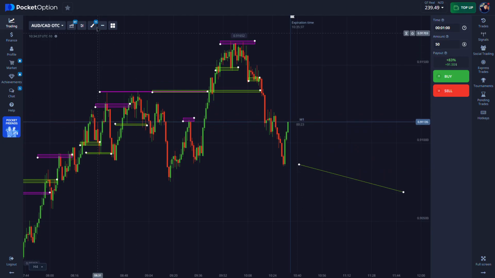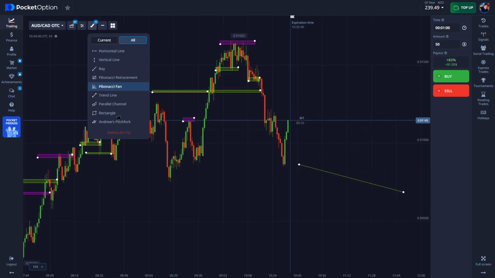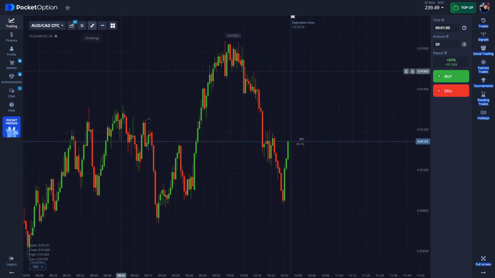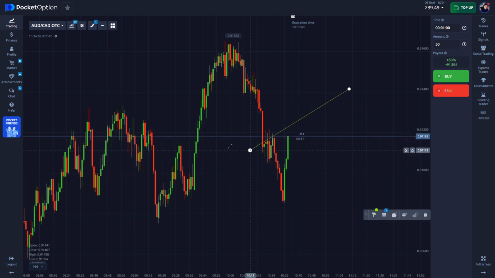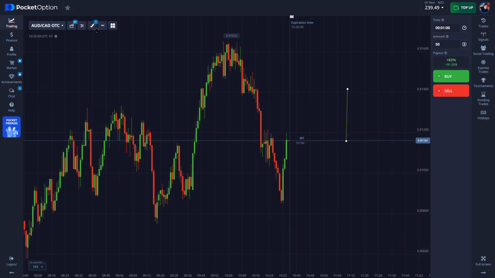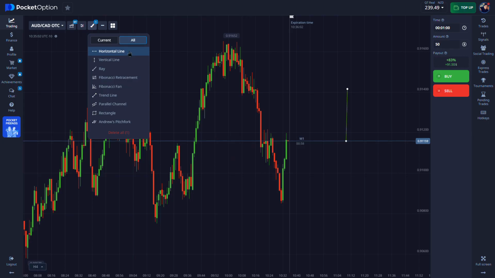Okay, let's do one for next. Let's do a trade, for example. Okay, we've got this lot of liquidity up there. I'm just going to use two horizontal lines, red and green.